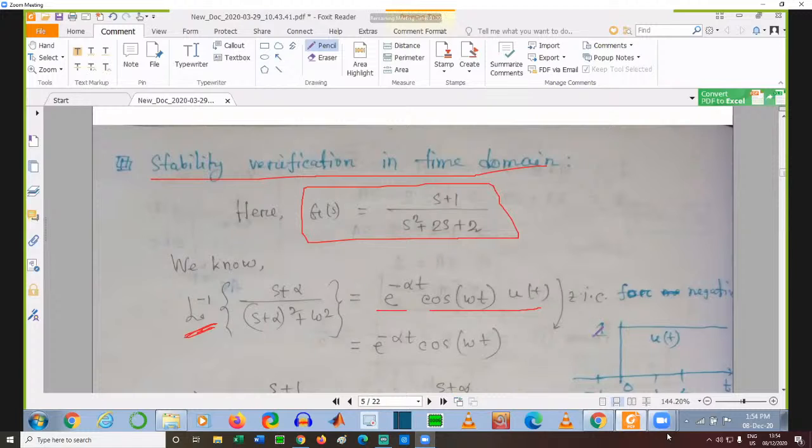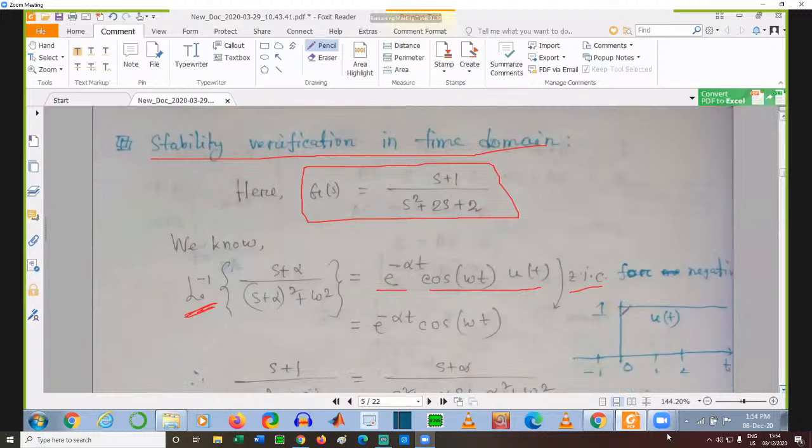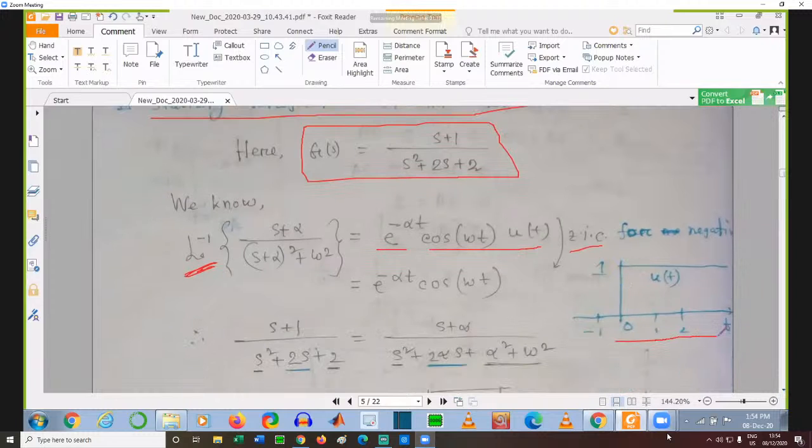And for zero initial condition, you know that u(t) is one. So that is the plot of u(t). For zero initial condition, u(t) is one, because we only assume time t equals 0 to infinity. We don't assume negative time.